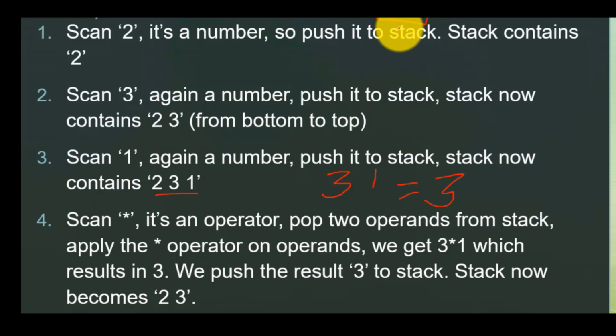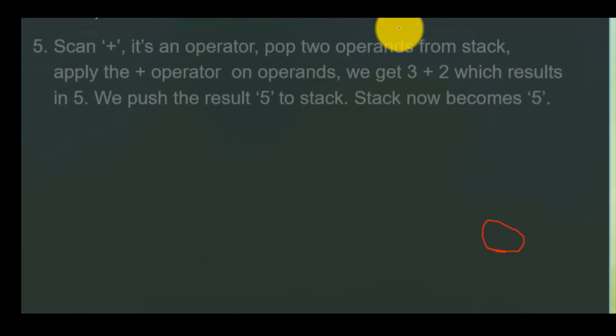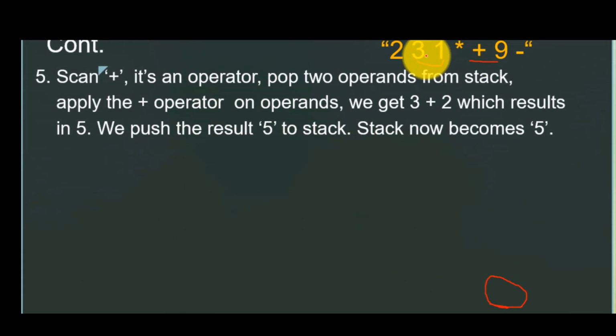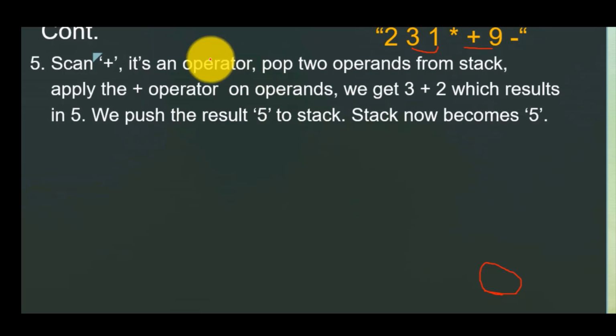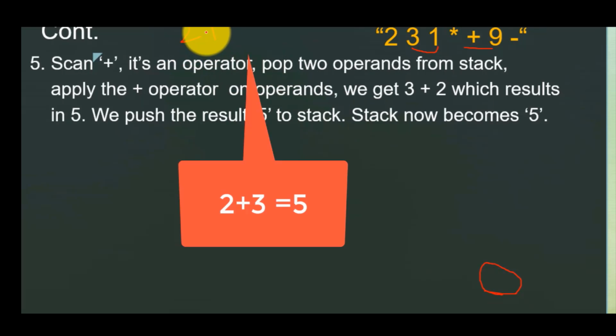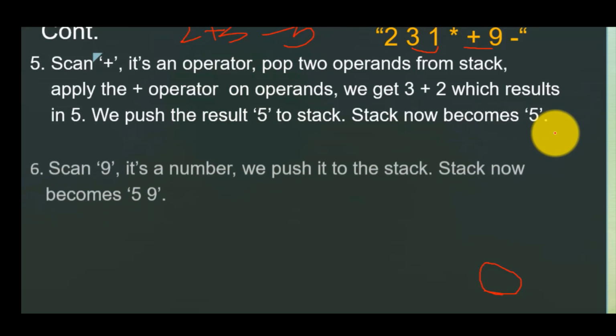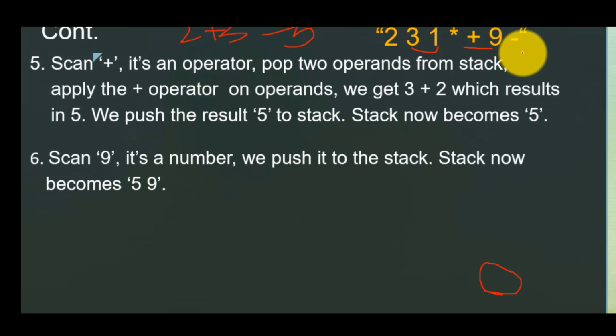Since there is a plus operator here, we're going now to add 2 plus 3, which is 5. And we're going to push the result again into our stack, so it becomes 5. Now, there is a minus here.